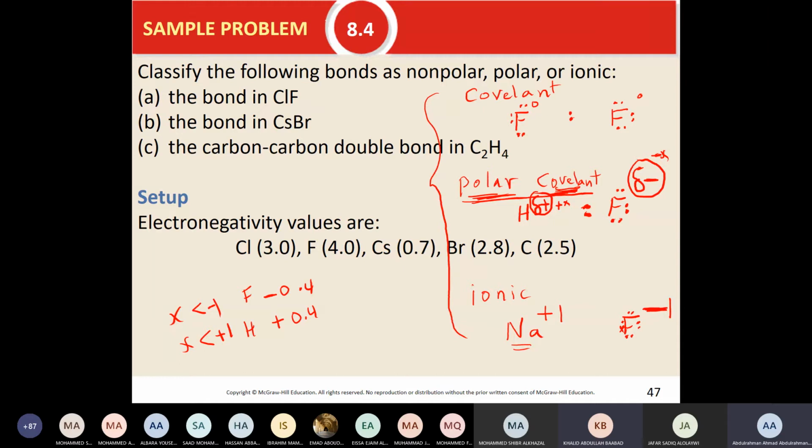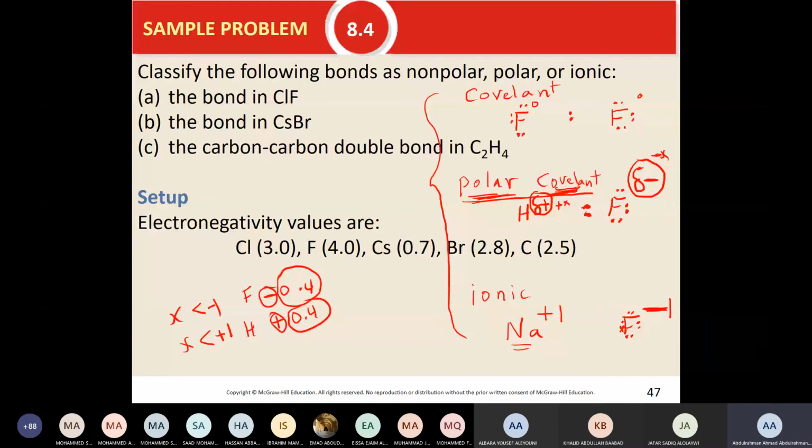So, doctor, it's greater than -1. Take the absolute value. It is 0.1 or 0.4. Take the absolute value. This one is the charge only.